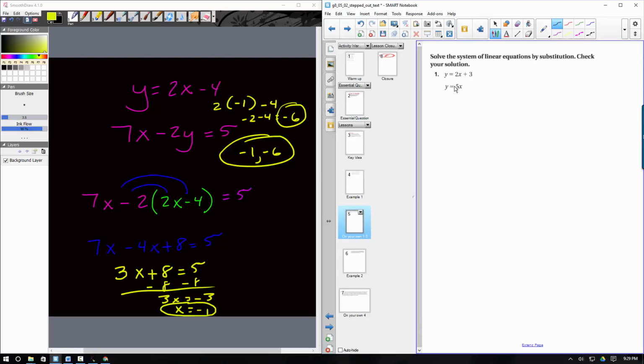So now try doing the same thing for this one, where you'll plug in for your y. If I look here, I'm going to substitute. And what's nice is I could just substitute right here. So I could plug in 5x equals 2x plus 3, and then solve for your x.